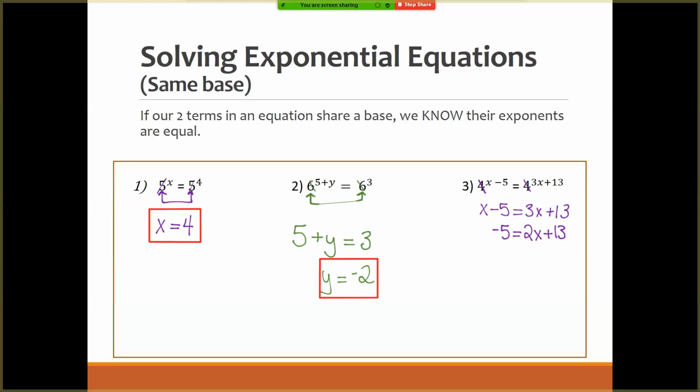Subtract 13 from both sides. So -18 equals 2x. Beside it, divide it. We're dividing both sides by 2 to get x equals -9. There we go.